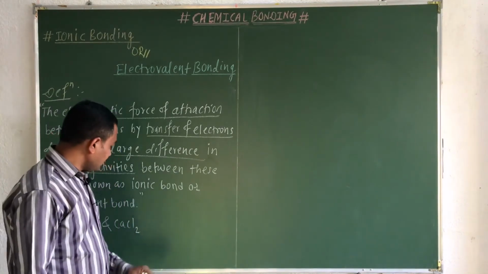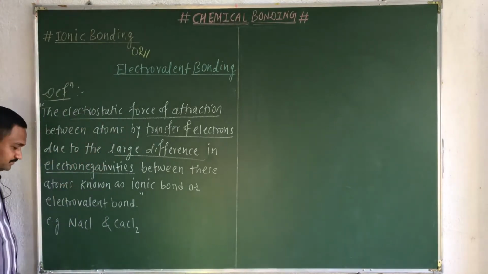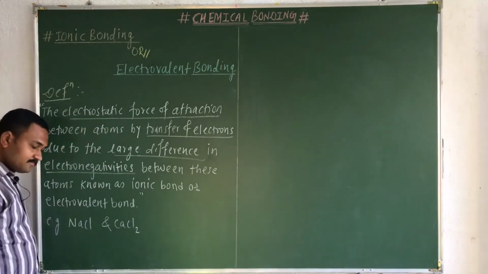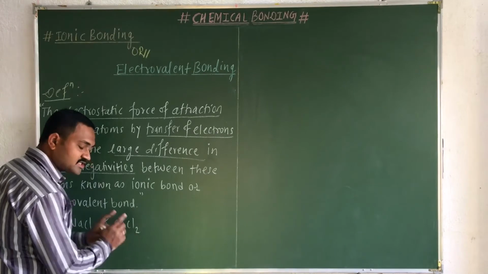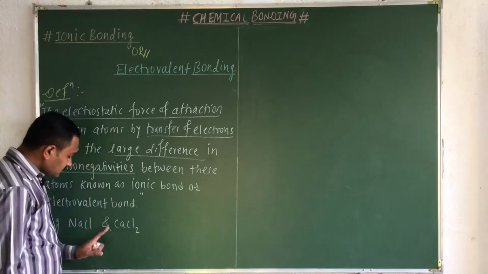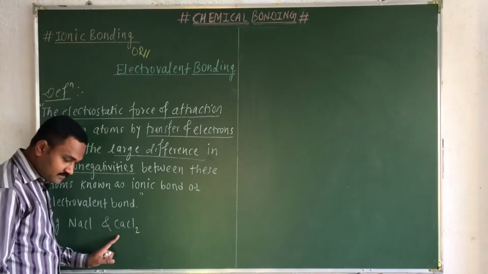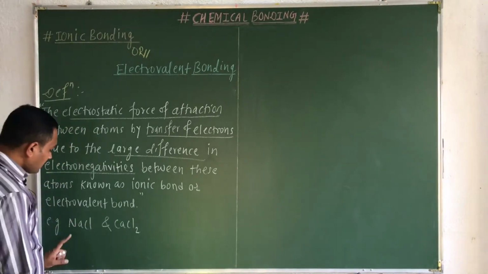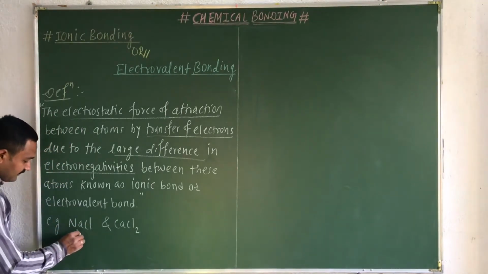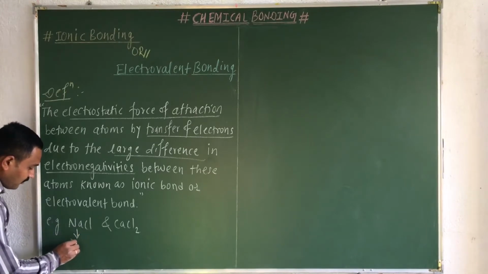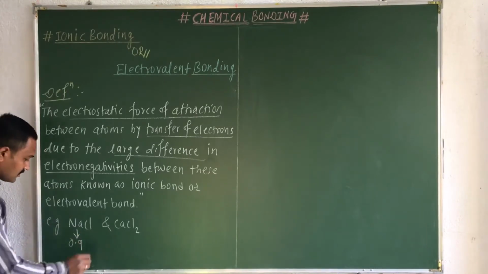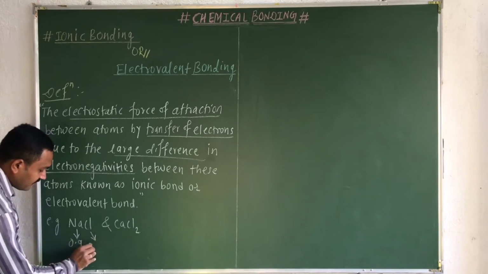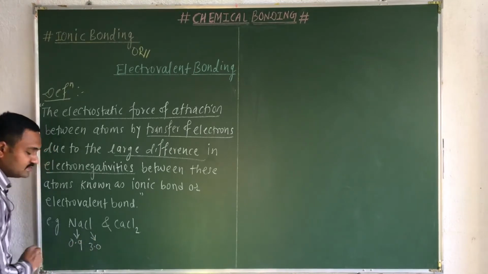Now let us consider the examples: NaCl and calcium chloride. These are the two molecules which form the ionic bond. Here sodium has the electronegativity value 0.9, chlorine has the electronegativity value 3.0.